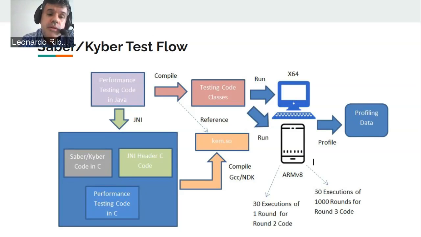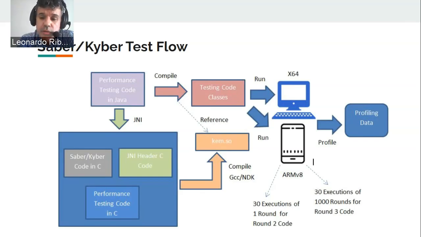After that, we took the Java code and compiled it referencing this file can.so, and then with the classes that were created, we had the opportunity to run the performance tests.